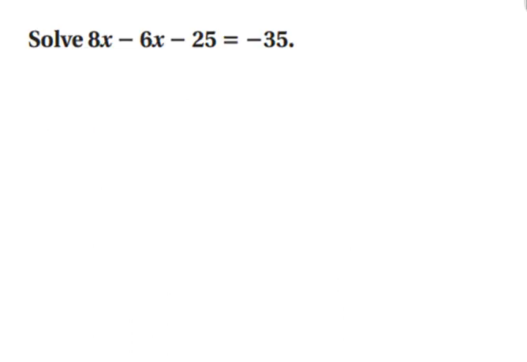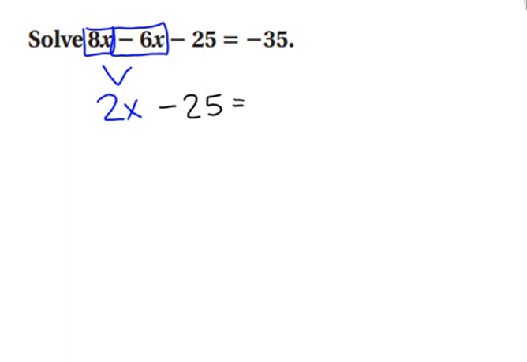All right, next one, we need to combine like terms before we start solving anything else. So the like terms on the left-hand side are 8x and negative 6x. So 8x minus 6x is 2x, and then we can keep everything else the same for right now. Minus 25 equals negative 35.